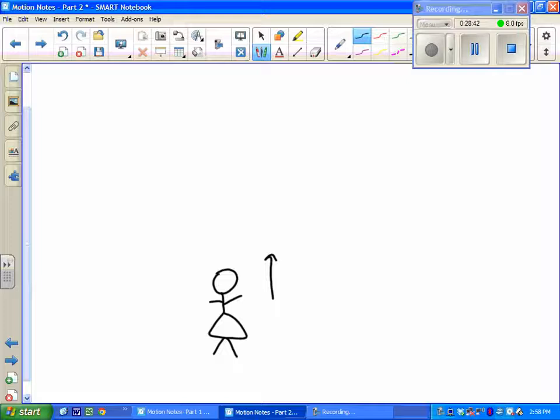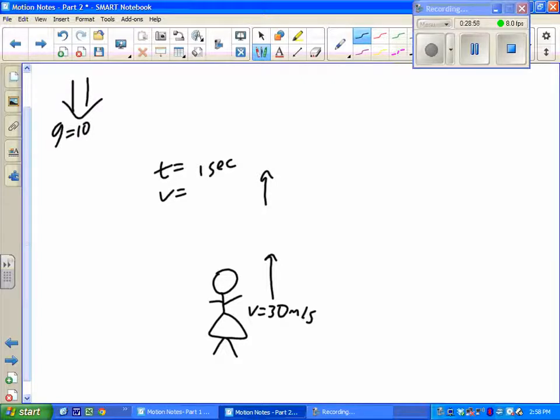If I throw a ball up at 30, in 1 second, because gravity is pushing down by 10, the velocity started at 30, it's slowed down, it's now going 20. So you can see, because it's slowing down, our acceleration is negative. It's going to be negative 10.